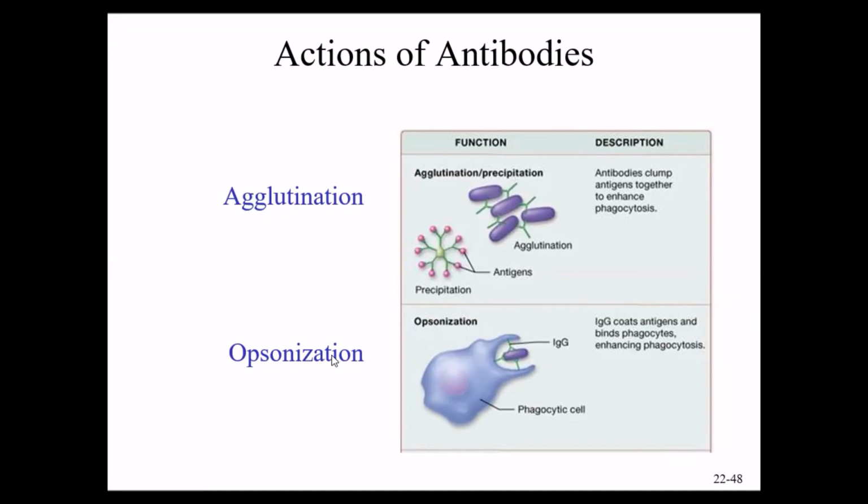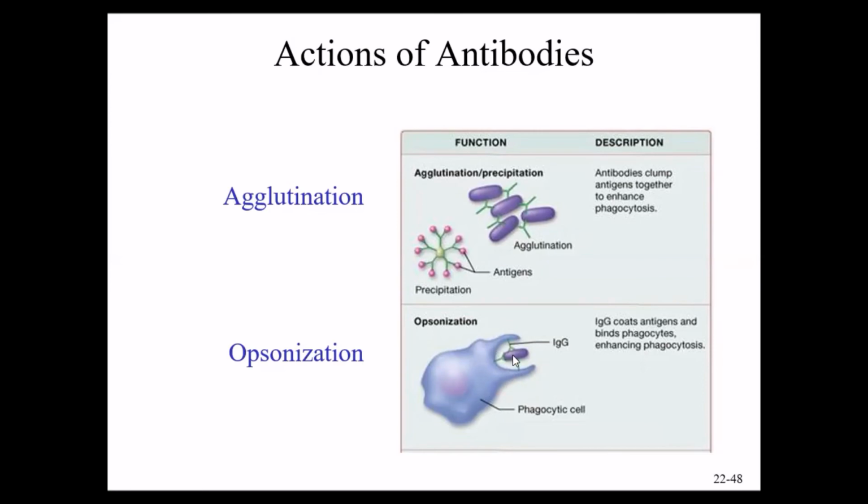Opsonization has a similar effect to agglutination. It's not a clumping reaction, but basically the antibody, in this case they're showing IgG, binds to a particular target cell, a particular pathogen, and coats it, and that makes it easier for phagocytosis, right?